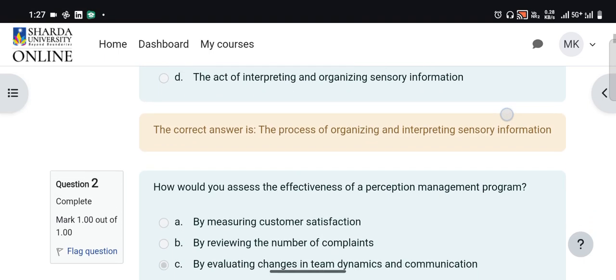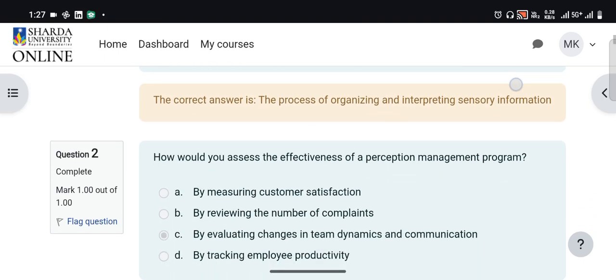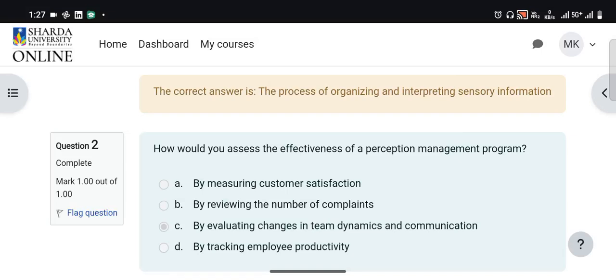Question number 2. How would you assess the effectiveness of a perception management program? Option A, by measuring customer satisfaction. Option B, by reviewing the number of complaints.